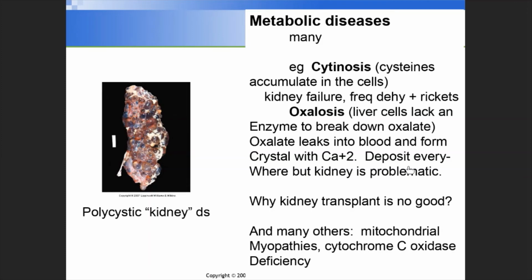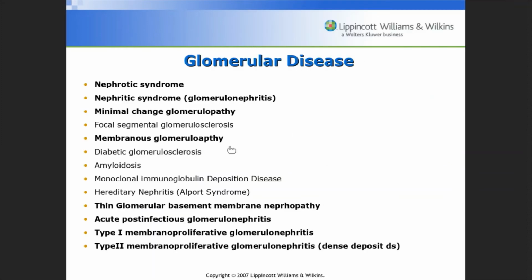But the kidney is problematic, and in this case, you can't do a kidney transplant, because when the new kidney comes in, the crystals over time will still deposit. There are other mitochondrial disorders, cytochrome C, and so forth, but we're just going to say these two are the metabolic disorders associated.